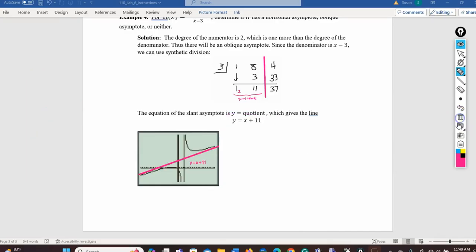Similarly, if on a test you're asked to type in the equation of a vertical asymptote, a vertical line, so this one here looks like it might be x equals 3. And that is the equation of this line here, this vertical line. If you just type that in, that's not an equation. Okay.